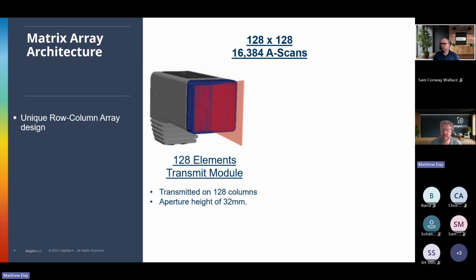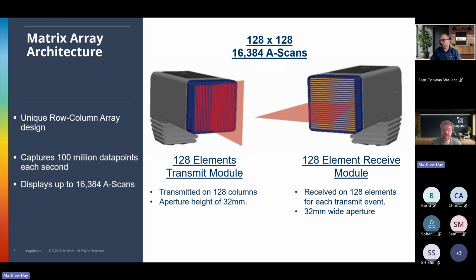It hails from the medical application of ultrasound generation, image generation, should I say. We're transmitting on 128 columns. The aperture height, the size of the transducer, is 32 millimeters in length. And then we've got our receiving electrodes as well, again 128, and they are 32 millimeters wide as well.